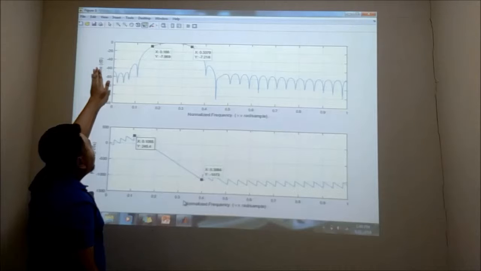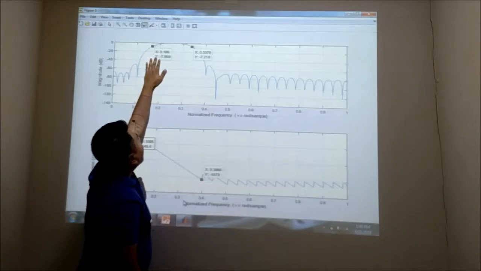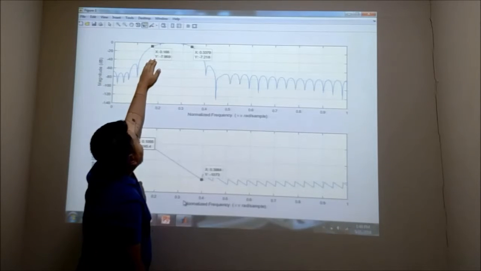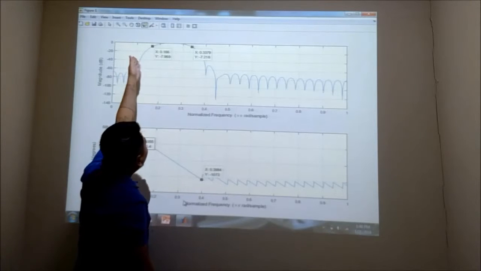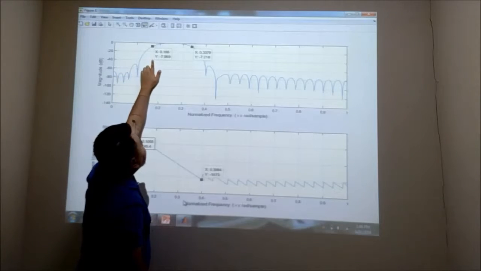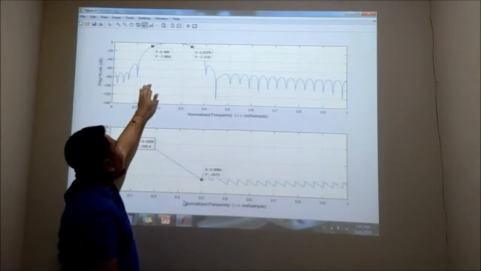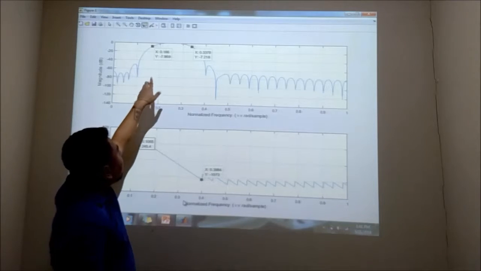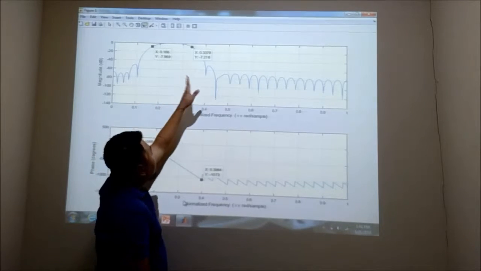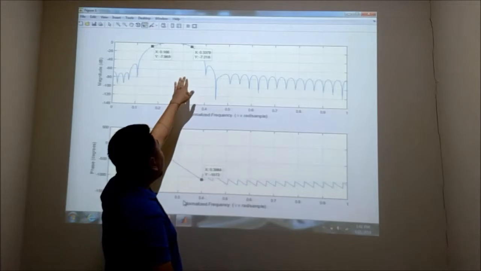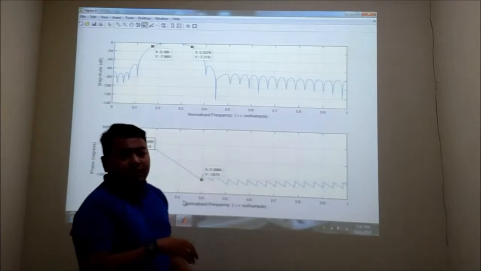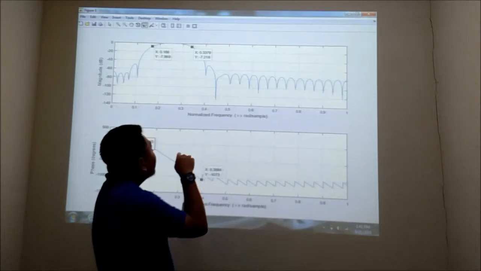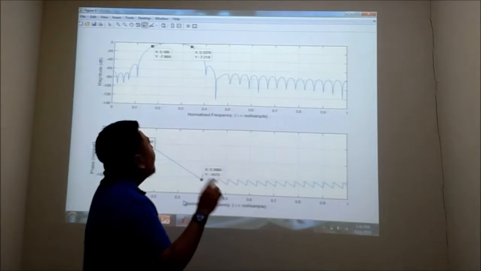This value is in dB. So here we get the value of the cut-off frequency. X is 0.166 and Y is negative 7.969. For the highest cut-off frequency, X is 0.3379, and Y is negative 7.216.